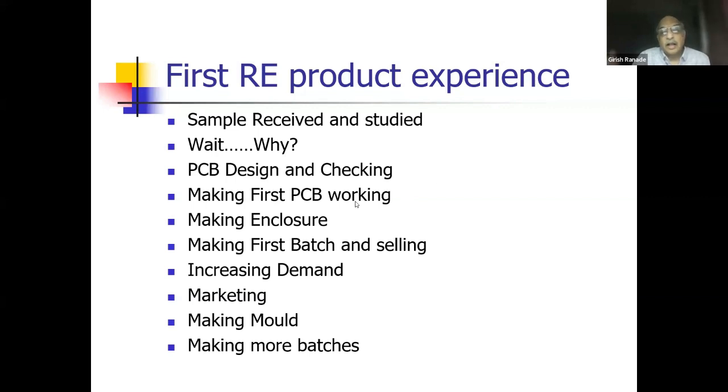I asked them to supply me the first few PCBs. We assembled the first PCB. A small error we found in artwork, and then we found that yes, it is working. So straightway it started working. And that was the time when I thought that yes, reverse engineering in electronics is also possible.